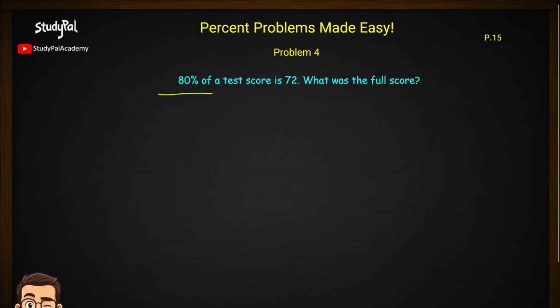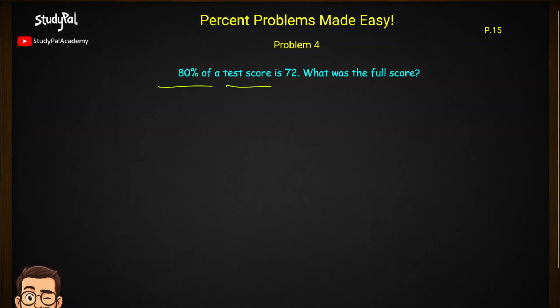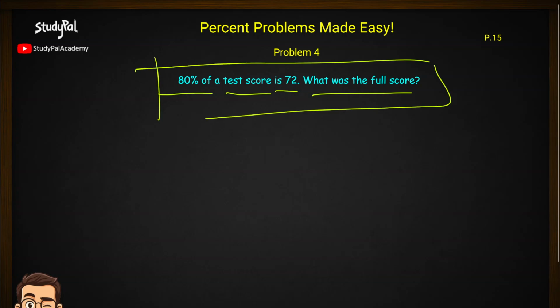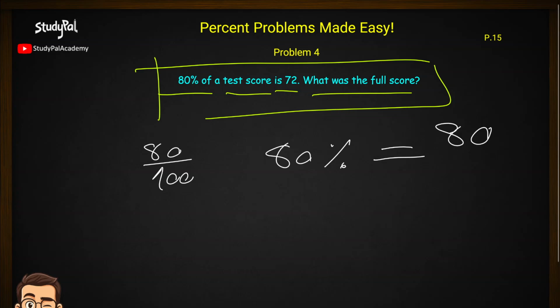It says 80% of a test score is 72. What was the full score? Again, the main thing here is to turn this sentence into an equation, something mathematically correct. So 80%, as I told you, simply means 80 over 100.